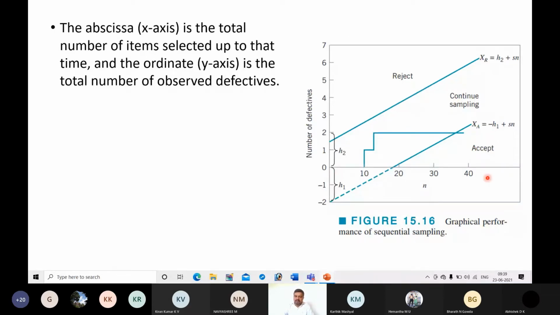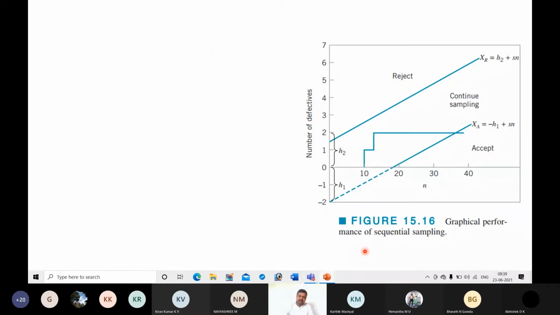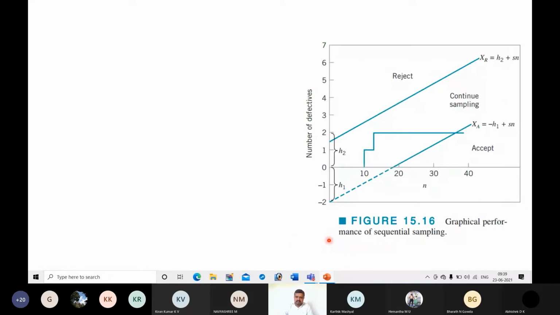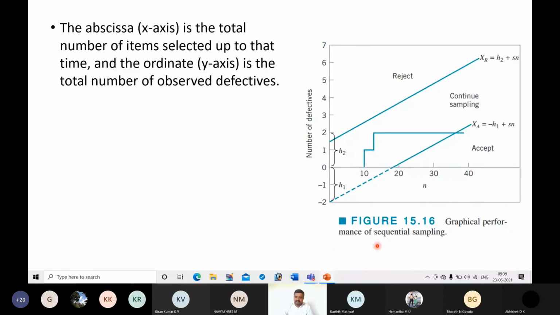If it is item by item, after 20 stages the number of samples taken will be 20 only. If it is group sequential sampling, then it will be more than 20, depending on the sample size. So on the x-axis we consider the number of samples taken at that time.